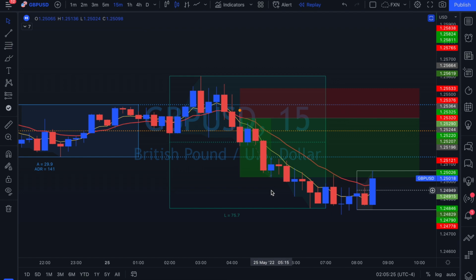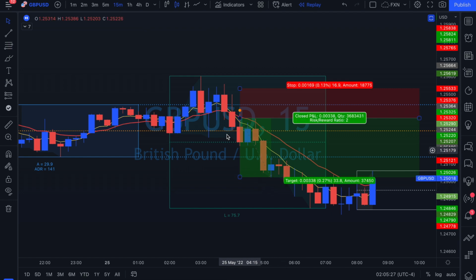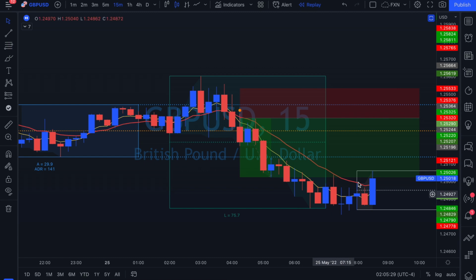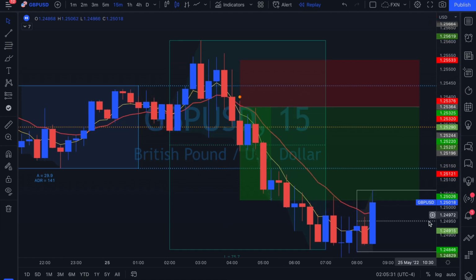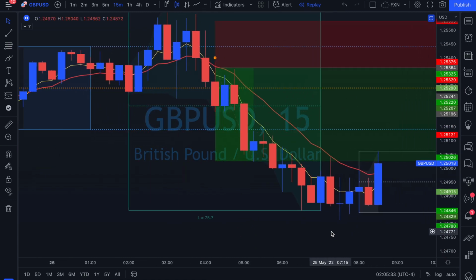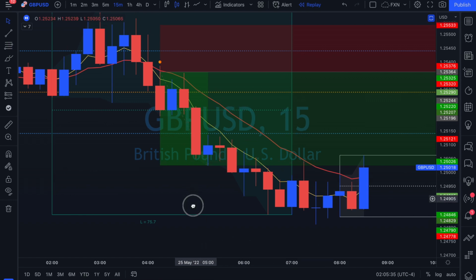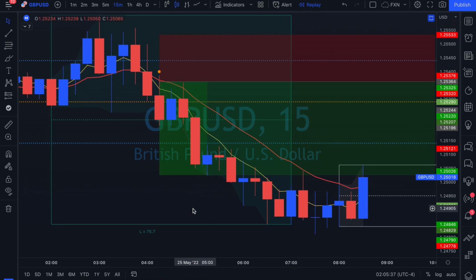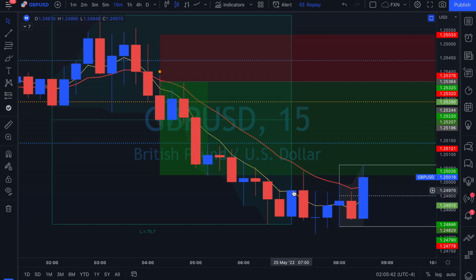Okay, here's where the 5 comes into play. After you take the trade, if you're trying to ride it out as long as possible, you would essentially wait until price closes back above the 5 EMA. So essentially on this candle here, price barely closes above the 5 EMA. So you would get out essentially here.